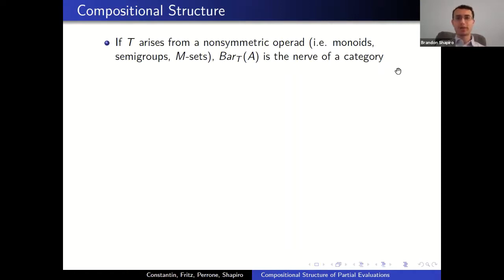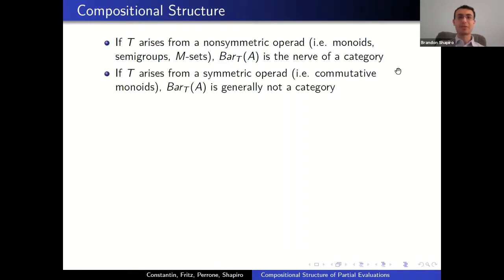But we want to consider more general monads usually, and more general operads. And for symmetric operads, we don't have this. So the free commutative monoid monad, our constructions of its algebras are not generally categories.